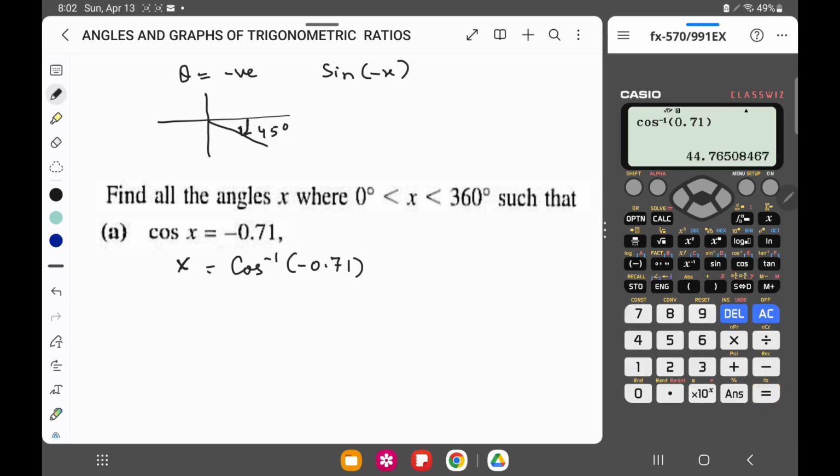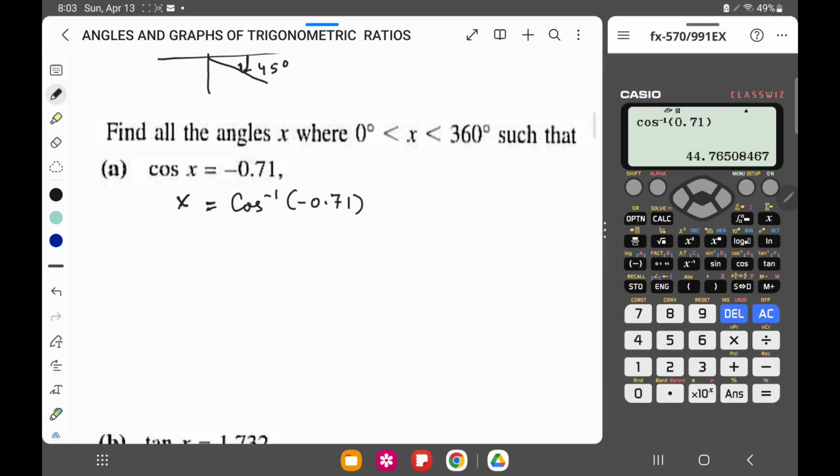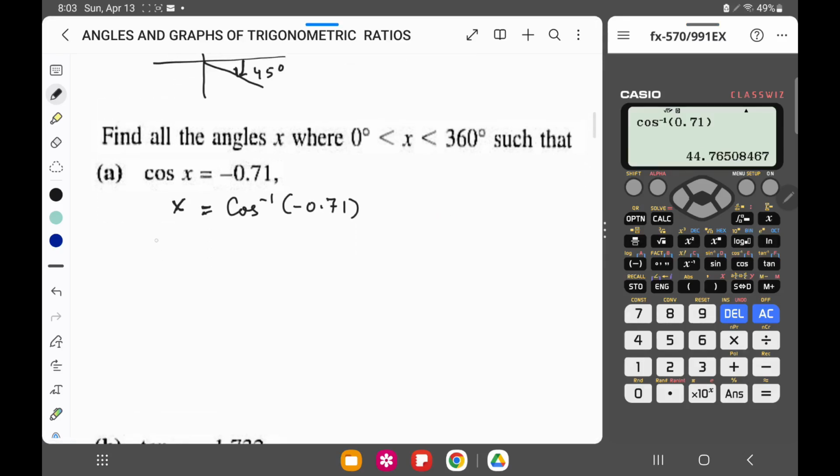This becomes 44.876, so taking 44.8 degrees. Your basic angle is 44.8 degrees, and cos is negative.